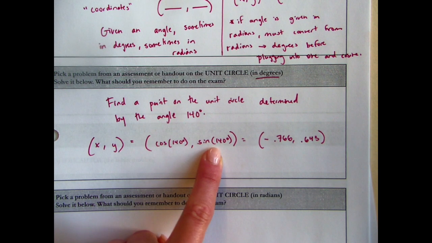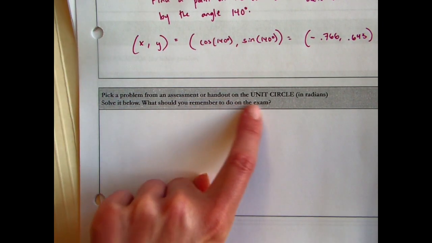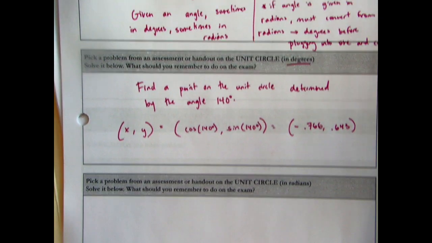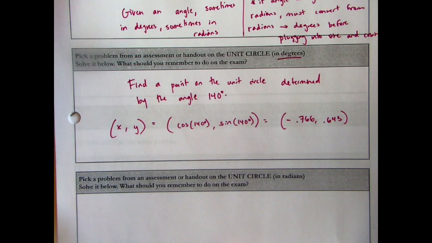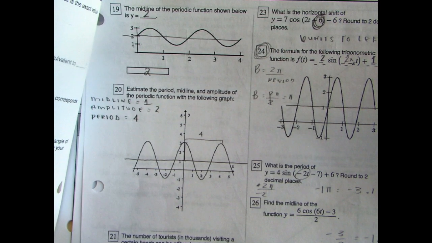So I'm going to use my equation here. If I'm going from radians to degrees, I'm going to use this equation: degrees equals radians times 180 over pi.